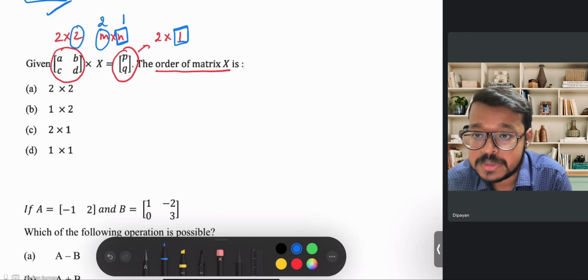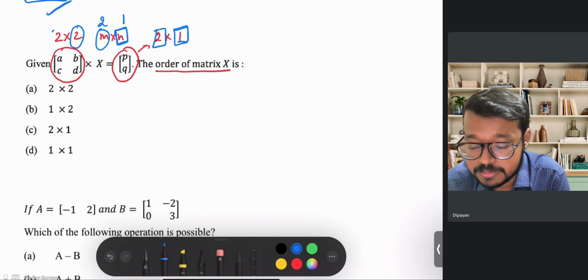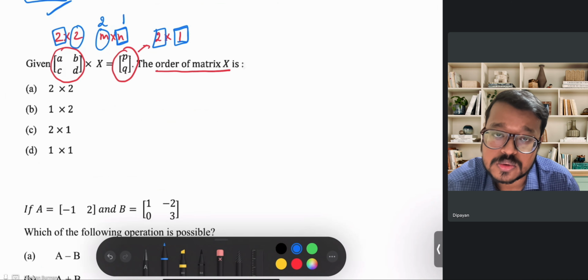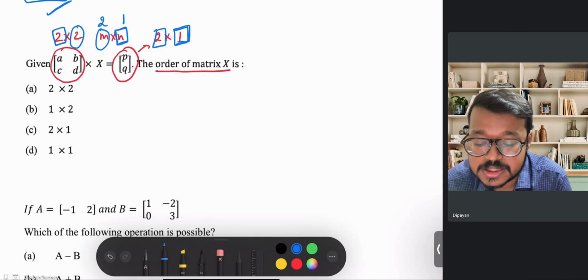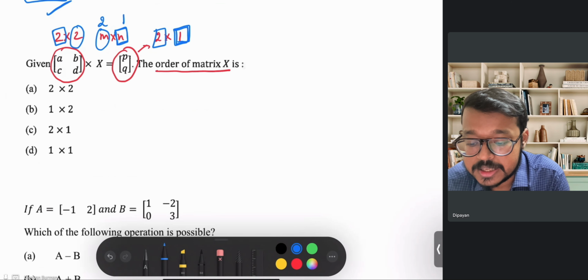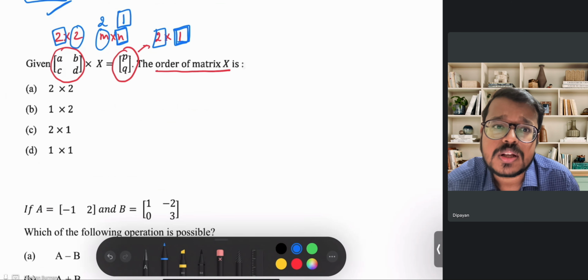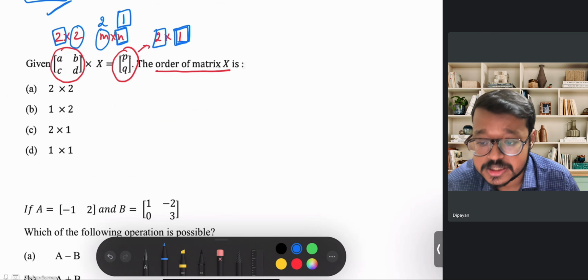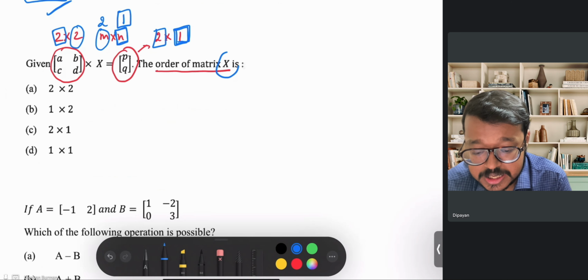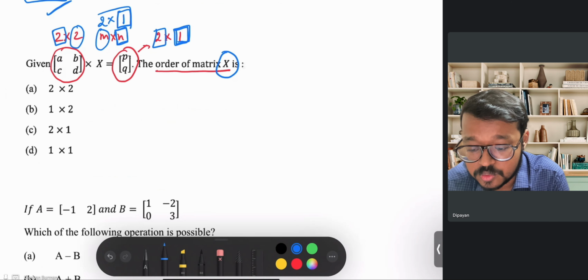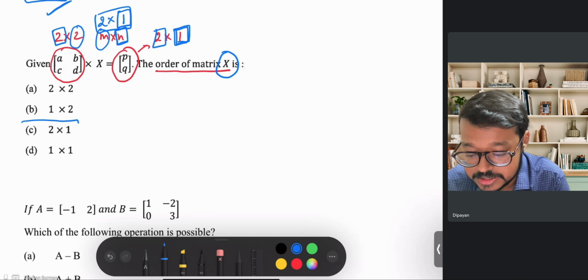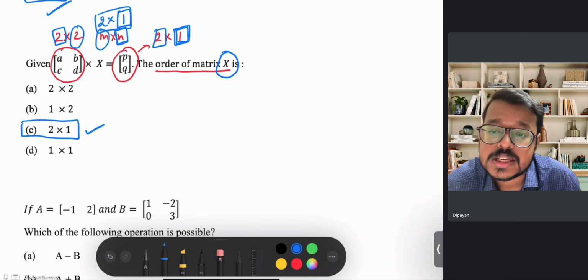The resulting matrix has 2 rows, which comes from the first matrix having 2 rows, and the resulting matrix has 1 single column, which comes from the number of columns in the second matrix. So the matrix X has an order of 2 by 1. So option C is correct. Matrix X has order 2 by 1, 2 rows and 1 column.